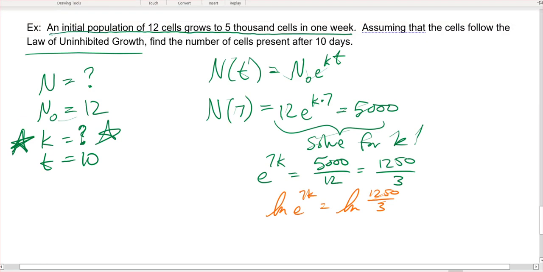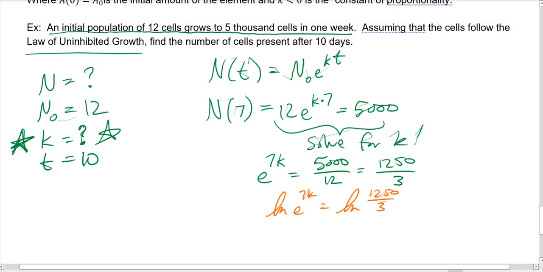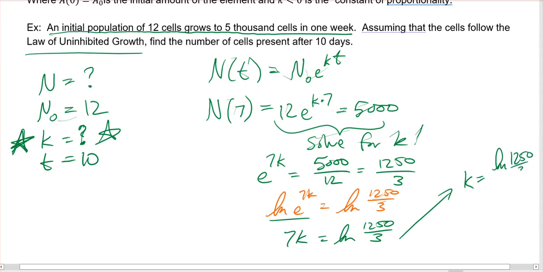Then we can solve for k. The natural log of e to some power is just that power. So k is equal to the natural log of 1250 over 3, divided by 7. Okay, so now we have k, and we can put it in our little chart here.